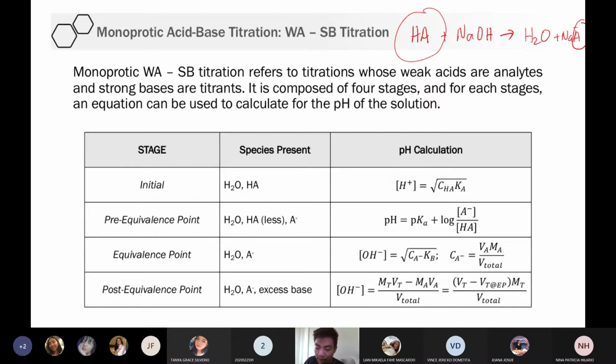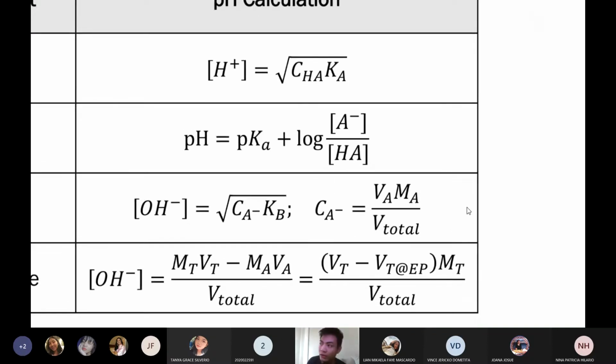So ibig sabihin, paano ko po i-express yung amounts ng conjugate base and the acid, no? Okay? So ano ba yung conjugate base? Saan ba galing to when we add the titrant, no? So we can express this as MTVT, no? So yan. So bakit? Kasi nagkaroon lang tayo ng conjugate base when we add the titrant, 'di ba?